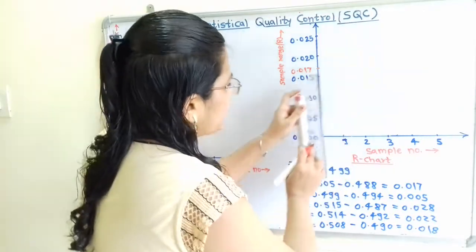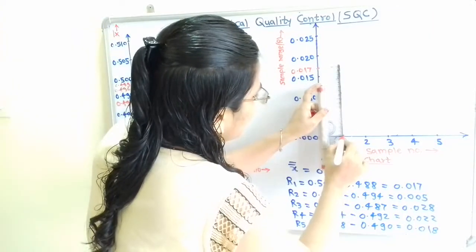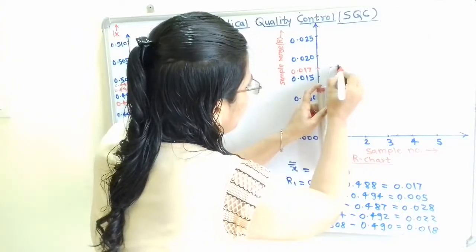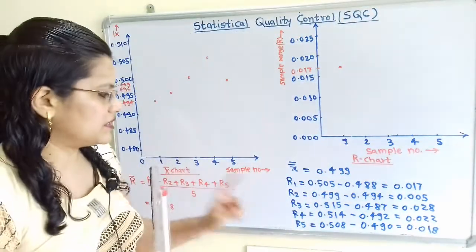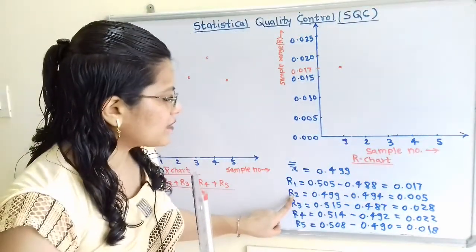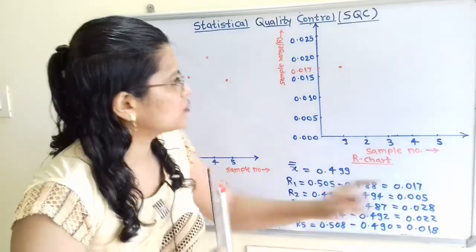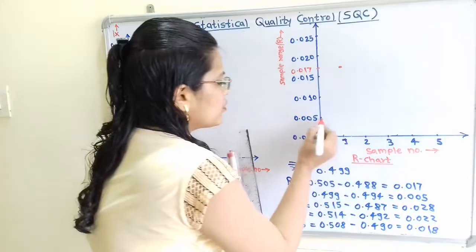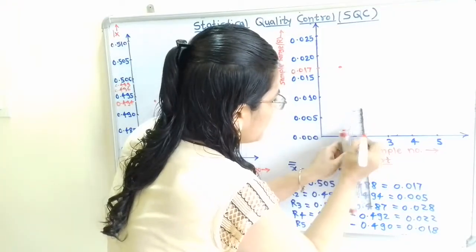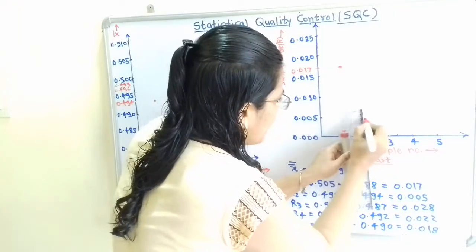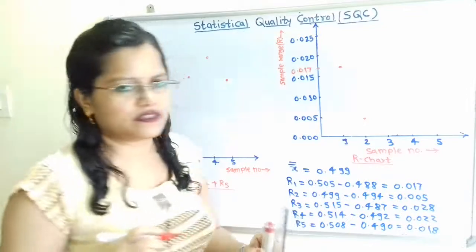For sample number 1, I will take this vertical line and here is the point of intersection. So this is our first reading. Then the second point R2, it is 0.005. So here is 0.005. If I take this vertical line and this horizontal line, here is the point of intersection.